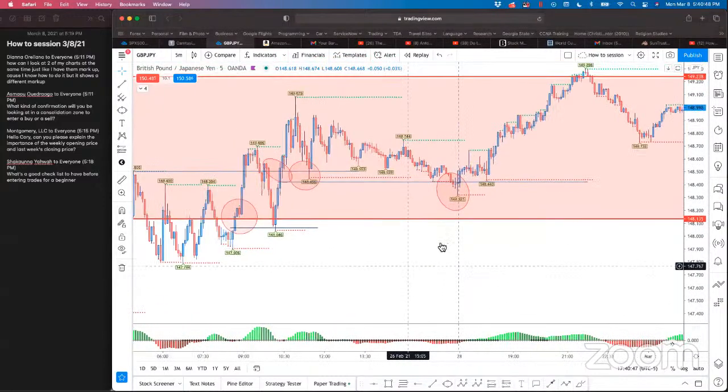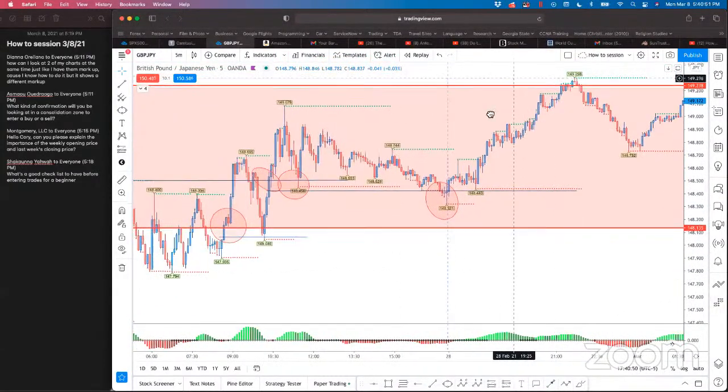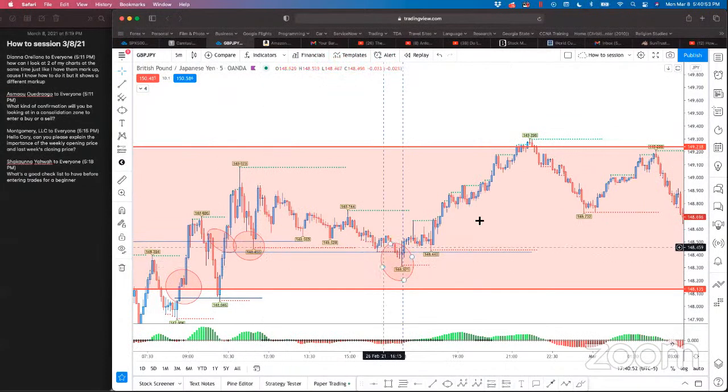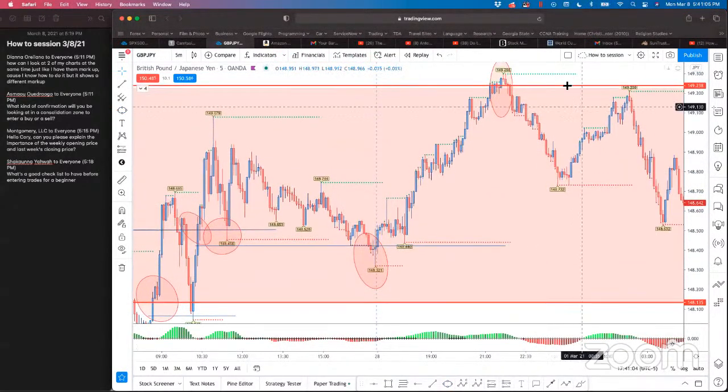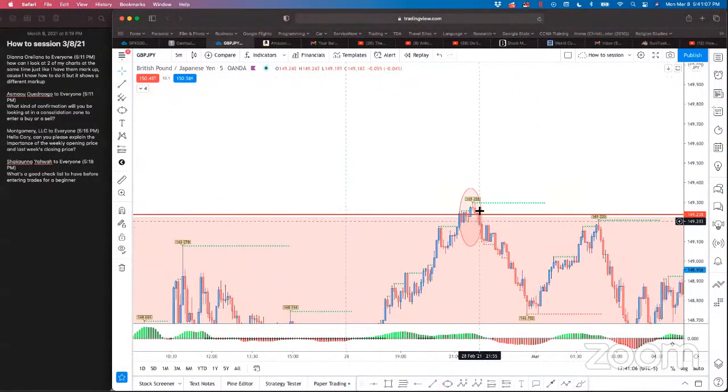It's the same look. If I'm taking this sell, I'm only going to sell when it gets to the top. But in order for me to sell, I need to see rejection, like I did right here. I also need to see an impulse bearish candle, which I see right here.